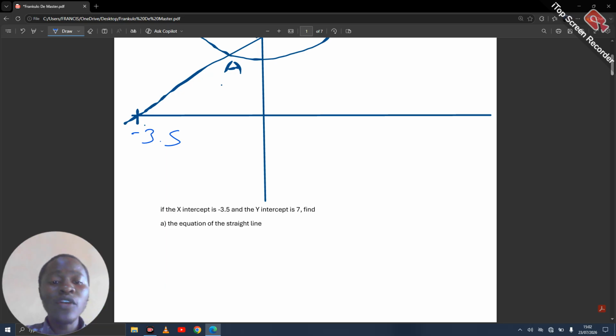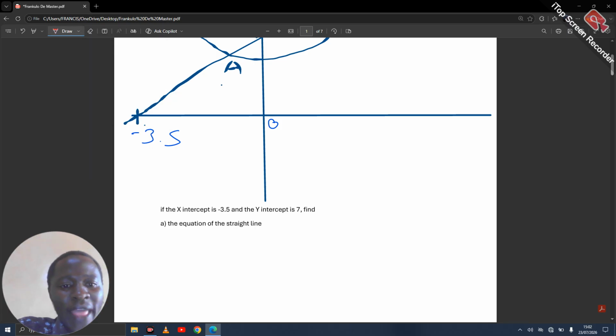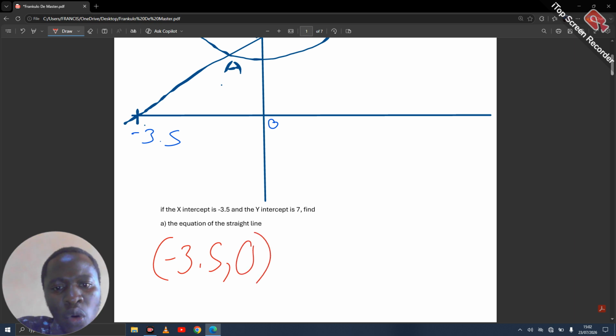For you to get an equation of a straight line, you must have the coordinates of a particular line. Remember this is the origin of our Cartesian plane, which is 0, 0. So that means our coordinate for the x-intercept will be negative 3.5, 0.